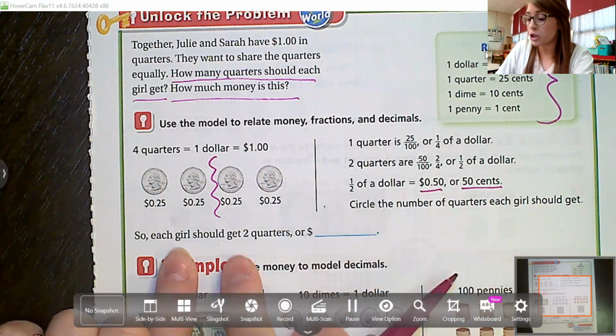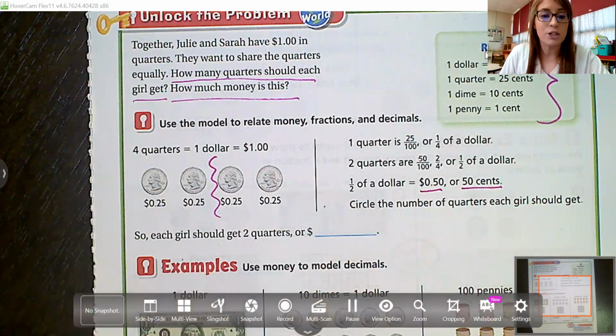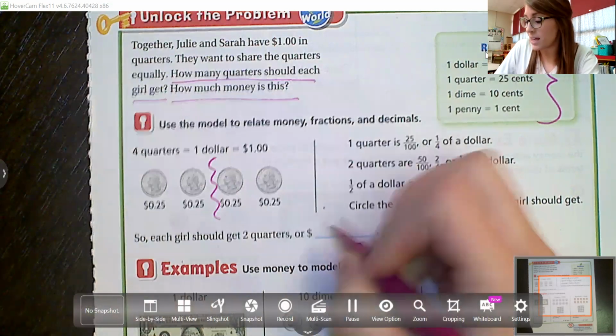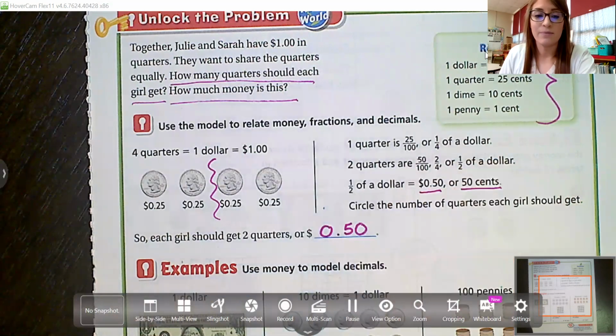Each girl gets 2 quarters, which is 50 cents. Very good. 0 decimal point 50.